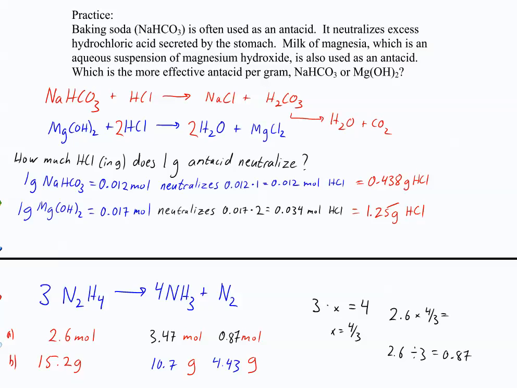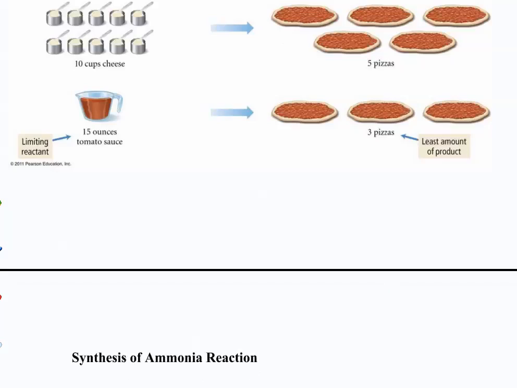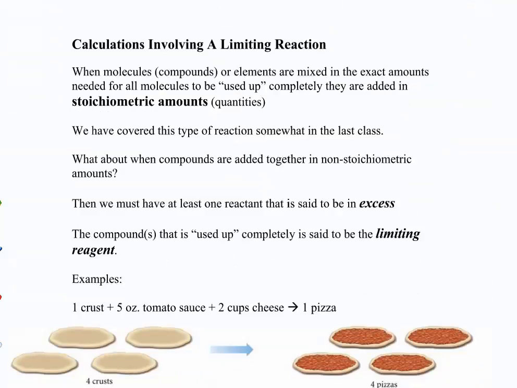But what happens if you have multiple reactants and multiple amounts, and those amounts don't necessarily fit the mole ratio? Then you have a situation that's known as a limiting reactant situation.